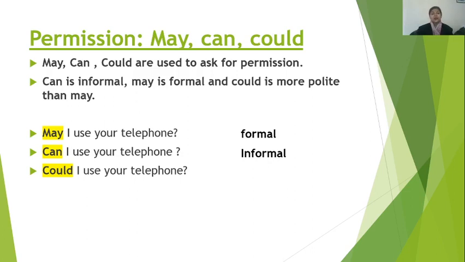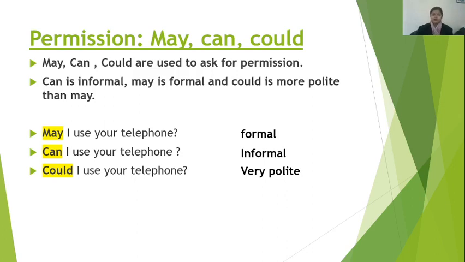And when I say could I use your telephone, means you are polite with your request. And politeness can be used with anyone, whether the person is elder or younger. So, if you want that your permission will not be denied, it will be accepted, you should use could.